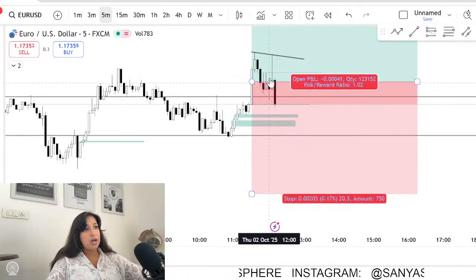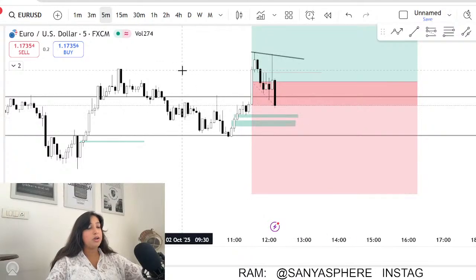Already we see that the structure is a bit bearish, forming on the 5 minutes time frame as well.